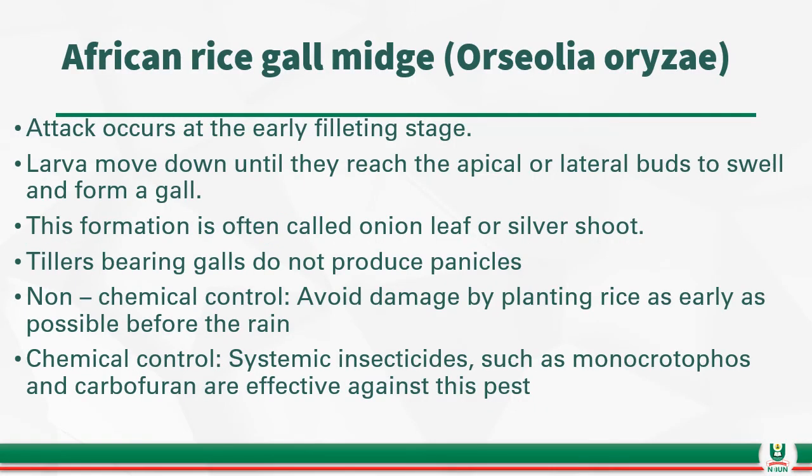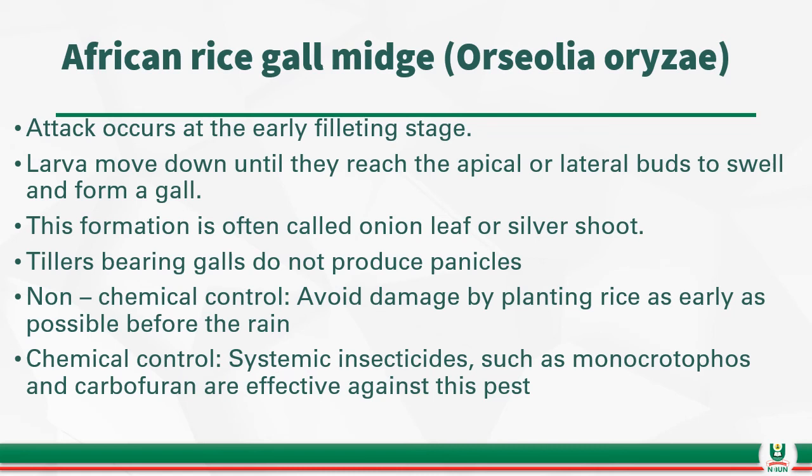Also, it's worthy of note that this pest attacks rice only at the early tillering stage. That's when it attacks, and the larvae will move down until they reach the apical or lateral buds, and then they swell and form a gall.